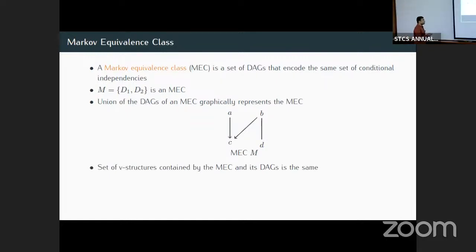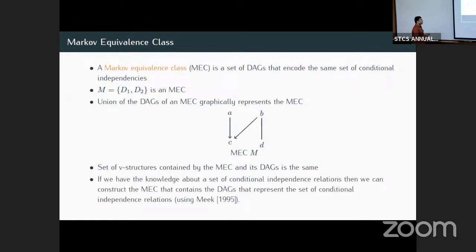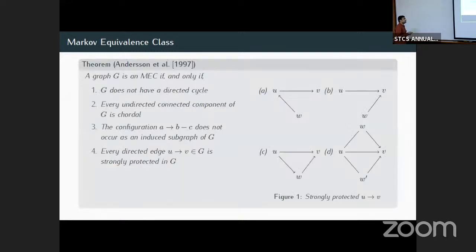We can see that the set of base structures contained by the MEC and by its DAGs is the same. If we are given a set of conditional independence relations, then we can construct the MEC that contains all the DAGs that represent the given conditional independence relations. Andersson gave a necessary and sufficient condition for a graph to be an MEC.